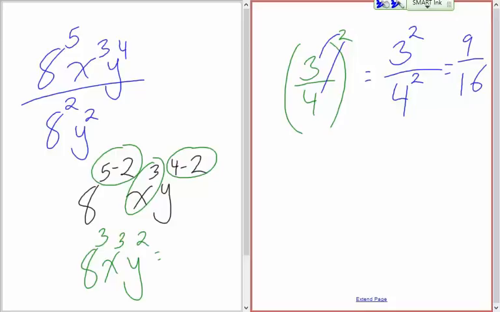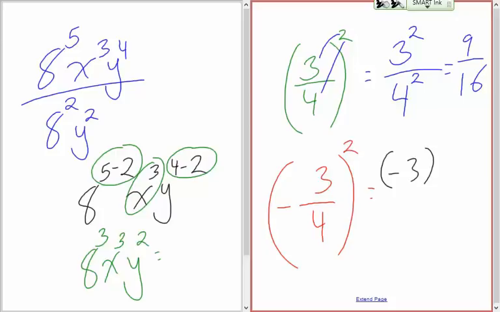Everybody's okay? Now, when it comes to looking at, let's say, a negative 3/4, and this is squared, you actually have to choose the negative to go with one of these, either the numerator or the denominator. It really doesn't matter. So, for example, I could either write this as negative 3 squared over 4 squared.